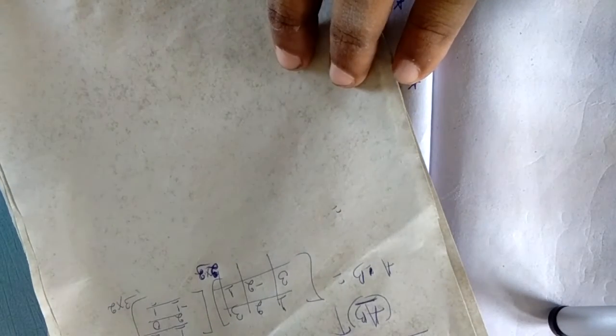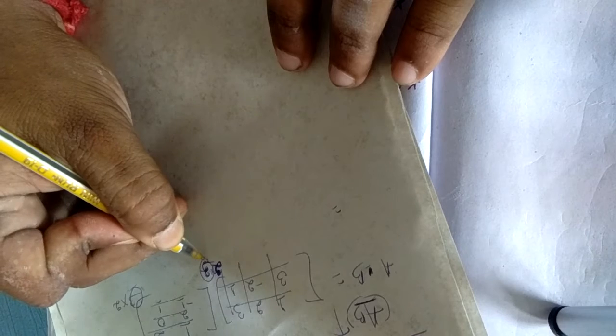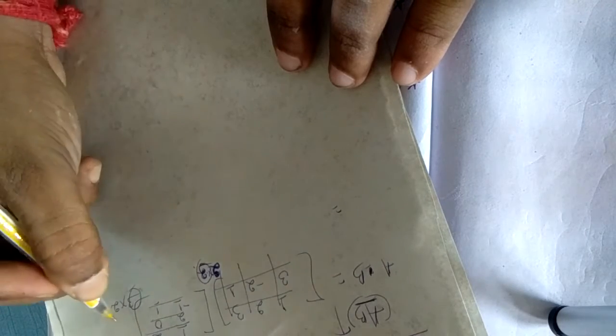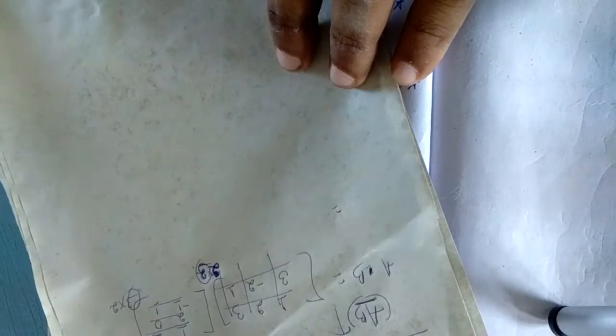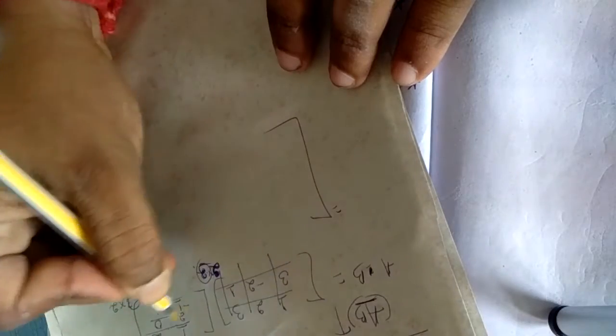Now it can be multiplied because our condition is satisfied: the number of columns of the first matrix is 3 and the number of rows of the second matrix is 3. How to multiply it? Rows into columns.